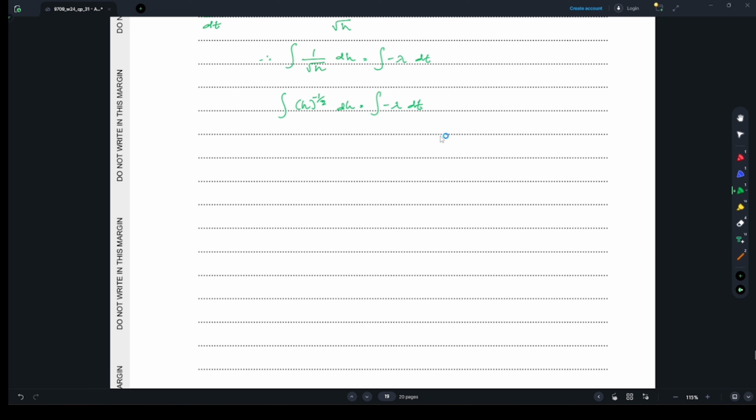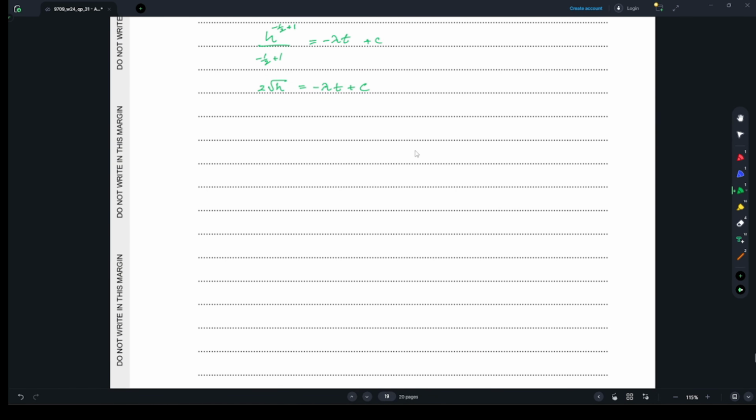Okay, so now if we integrate it, we have to add half, so h to the power minus half plus 1 divided by minus half plus 1 equals minus lambda t, plus c. So we can simplify a bit. It will be 2 root h equals minus lambda t plus c.